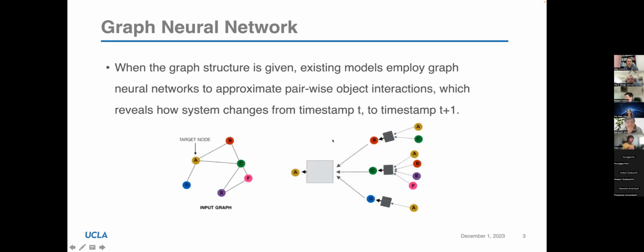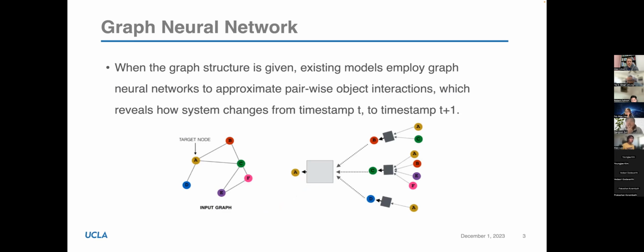The first tool we use is graph neural network. When the graph structure is given, our graph neural network can approximate pairwise object interactions, and it can retrieve how the system changed from time step t to time step t+1.